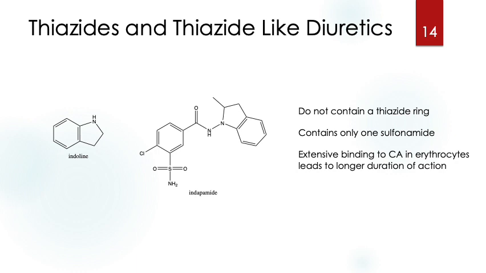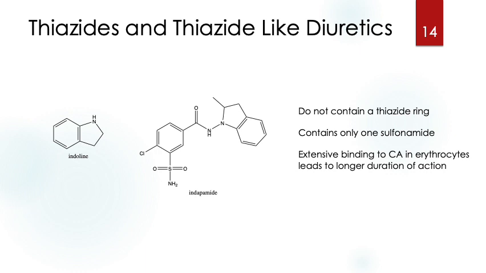Now, we've taken a look at the thiazide drugs and the derivatives. Again, they have the same mechanism of action, but when those drugs do not have the same benzothiadiazine structure, they are called thiazide-like diuretics instead of thiazide diuretics. In all honesty, most practitioners don't really make the difference between the two.